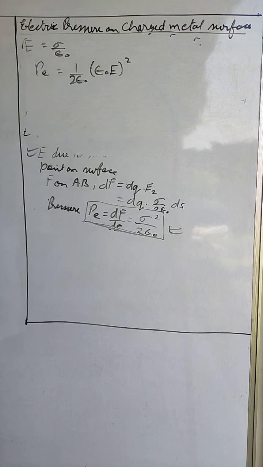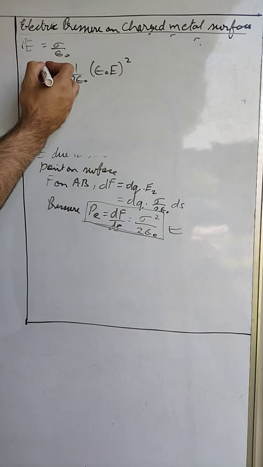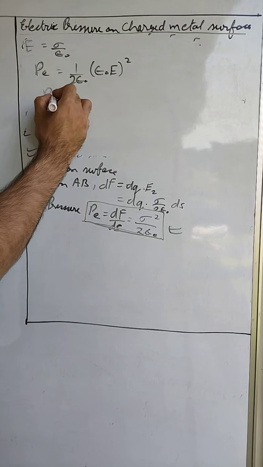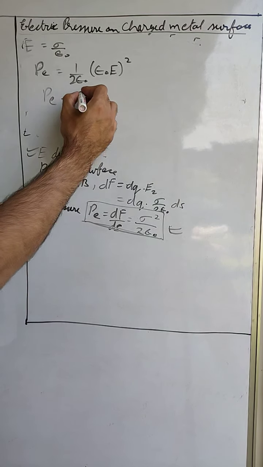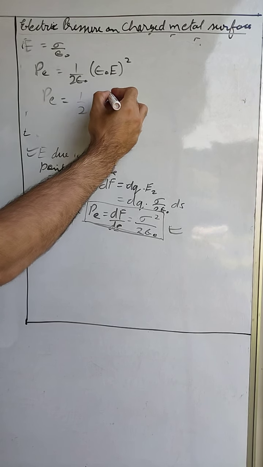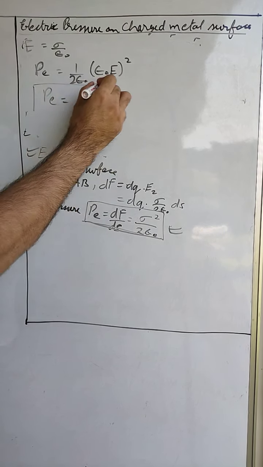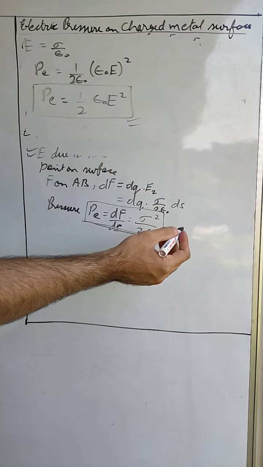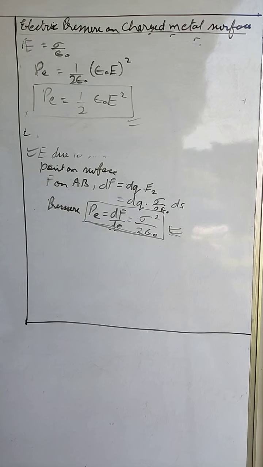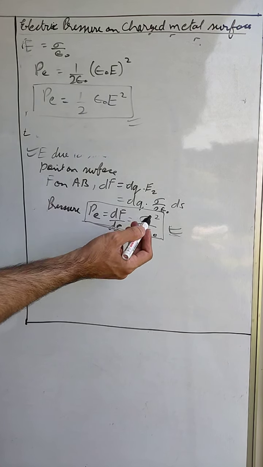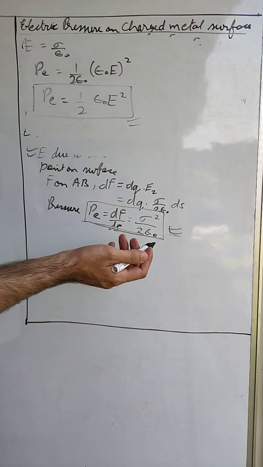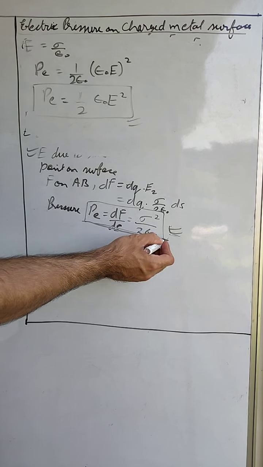Using this, we can find the electric pressure in terms of electric field. Solving this, we get electric pressure equals half epsilon naught E square. So this is another result of electric pressure. But the more important is the first one, as in most of the questions the charge is given in the form of charge density sigma and not in the form of electric field. So both of the results you should remember, but this result is more important.